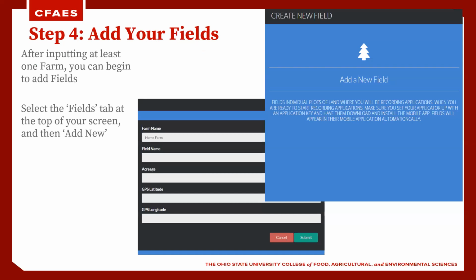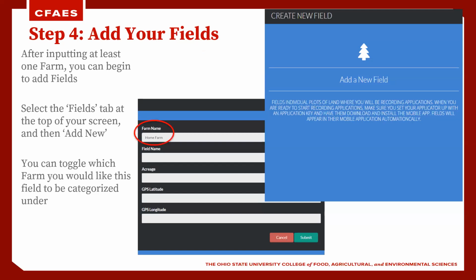You'll select the Fields tab at the top of the screen and then Add New, kind of the same thing we've been doing here. You can toggle which farm you want this field to be categorized under. So if you have Home Farm, Defiance County Farm, Paulding County Farm, you can select that and then add the field underneath that larger farm. You can put the acreage in and then latitude, longitude.